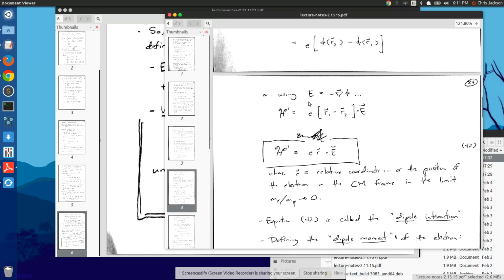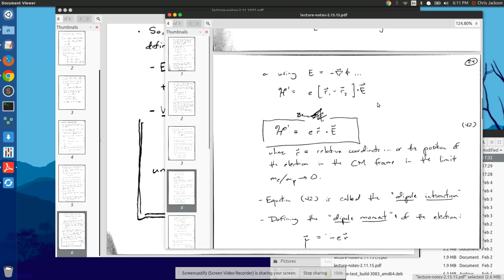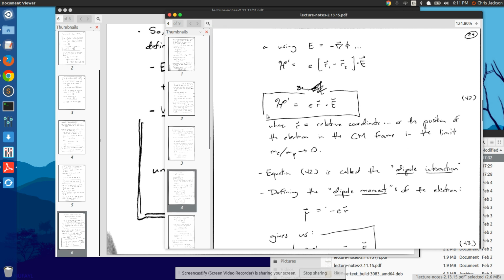Or we can use the fact that our electric field is given by the gradient of the potential, and rewrite this as a dot product between this vector difference and the electric field. So our Hamiltonian is going to look something like this, where r here with no subscript is basically the relative coordinate.